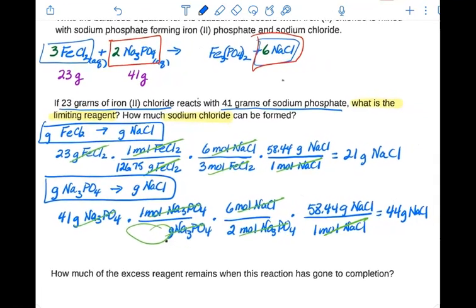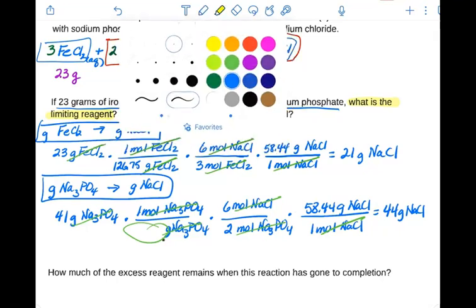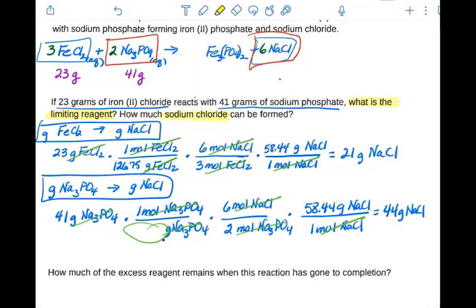Okay? So, when I look at this, then the question says, I'm still not done. The question says, what is the limiting reagent? So, the limiting one is the one that makes the less. Okay? So, in this case, my limiting is going to be that the 23 grams of iron chloride only makes 21 grams of sodium chloride.